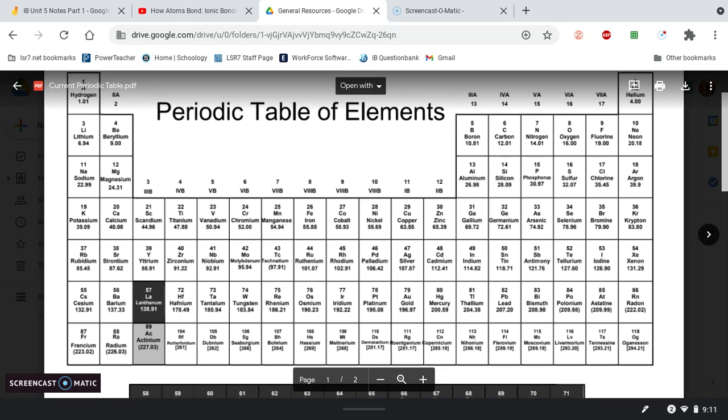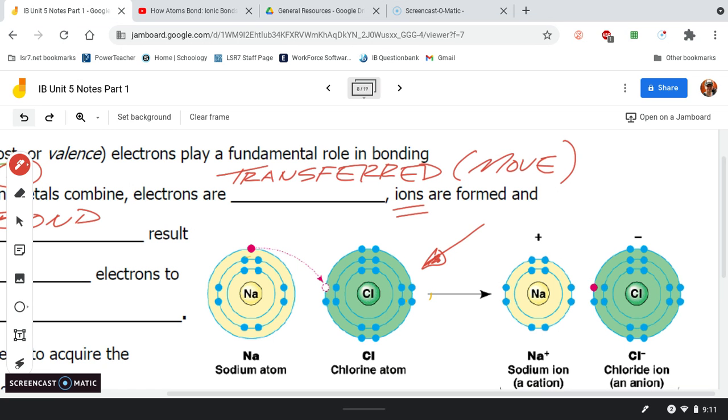All these things work very neatly. Sodium's like, if I can get rid of this electron, I'm going to be more stable. Chlorine is like, I really need an electron, and if I get it, I can be more stable. It all works out nice and neat. Sodium says, here, have an electron, and chlorine takes it.